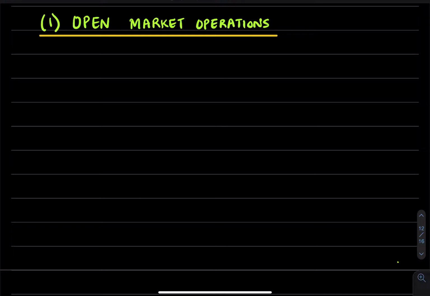Okay, and an open market operation is of two types. The operation could be a purchase or a sale. Now, what is it a purchase or sale of?